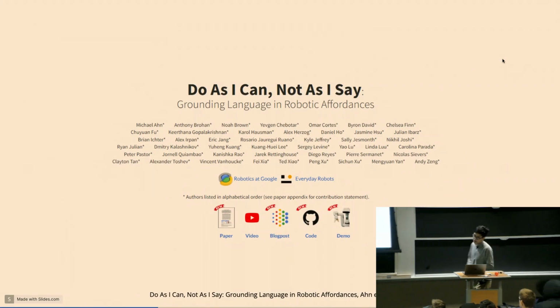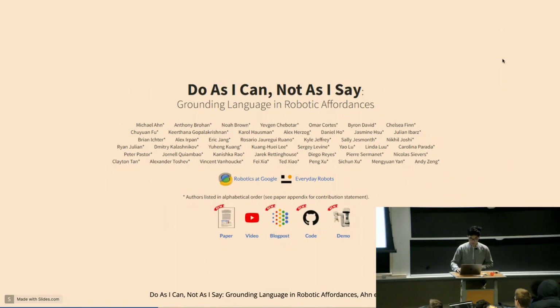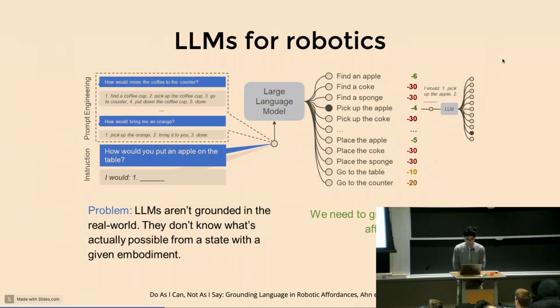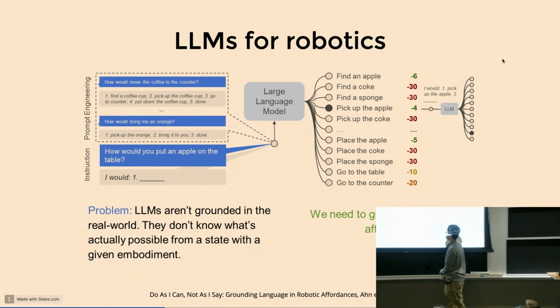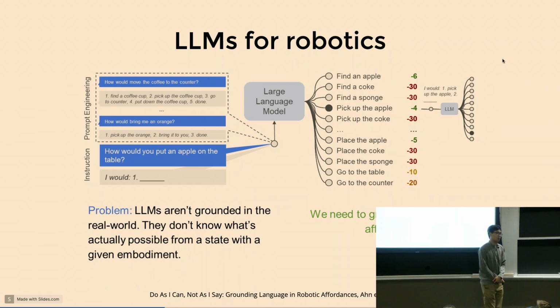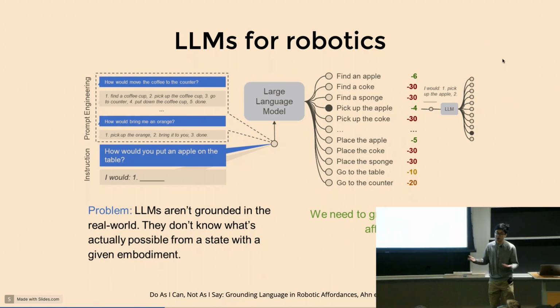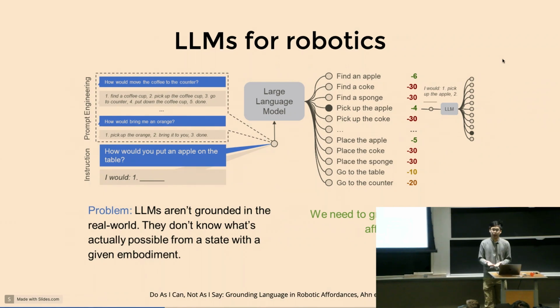So we are going to look at our first case study here. It's a paper from Google. In this paper, we have this problem. Large language models aren't grounded in the real world. They don't know what's actually possible from a state with a given embodiment. For example, if I say I'm hungry, I want you to give me some fruits, and the robot is in front of the table, and it has this idea about the plan that's coming up next should be, for example, pick up an apple, pick up an orange, pick up a banana.